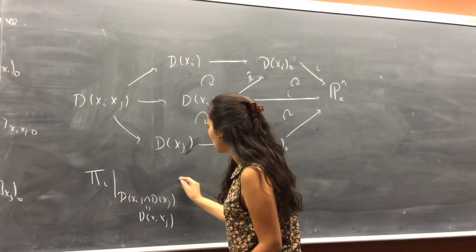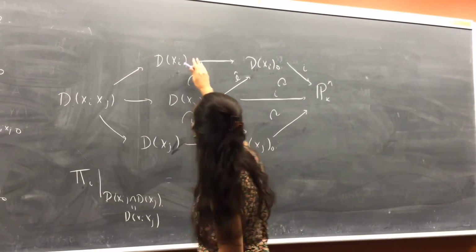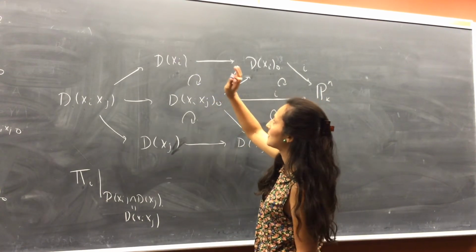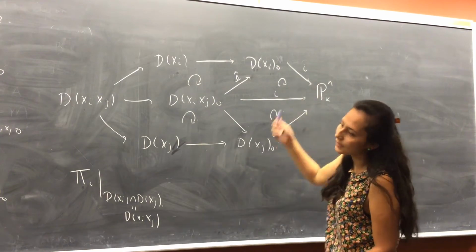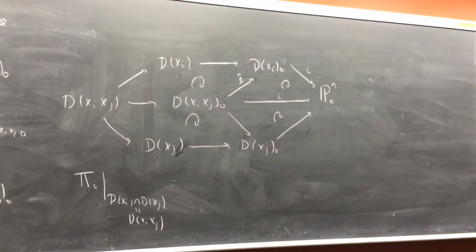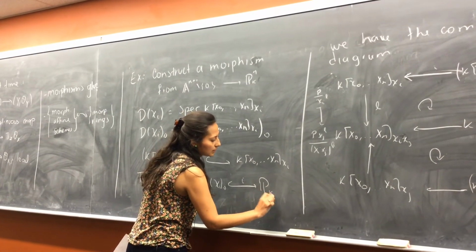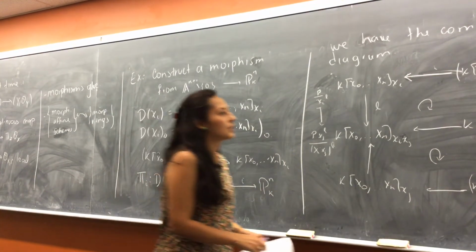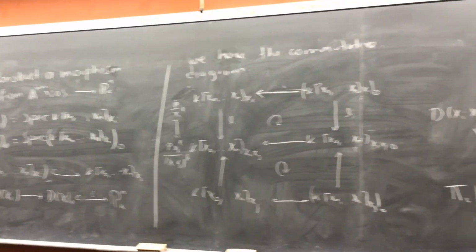But then this map, our pi_i's started in this part of the diagram. You can think of the pi_i's as putting them at the inclusion and putting them inside of P^n_k. So all this map in here is our pi_i. I'll just do it with purple.